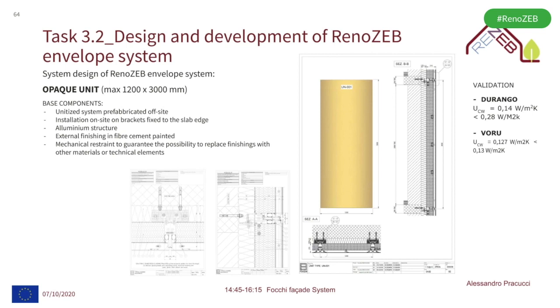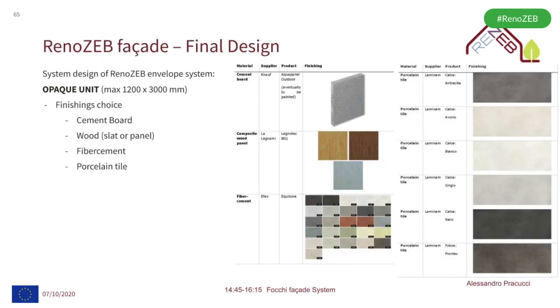This facade has been designed to be completely opaque, to cover those parts of the building which have no relevance for openings or for other systems to be included. It's based on an aluminum structure, and the external finishes can be different solutions like fiber cement, as well as composite wood panel or porcelain tile.